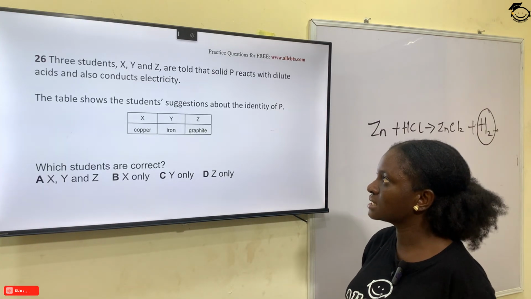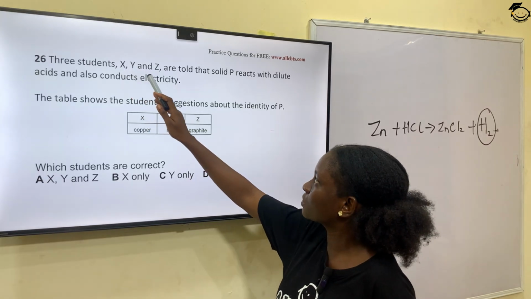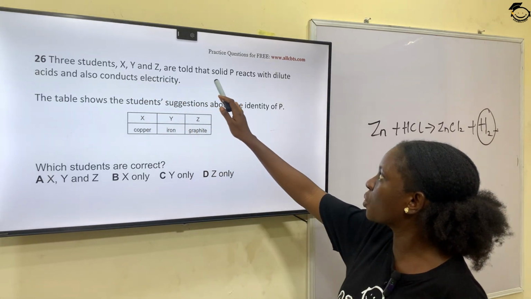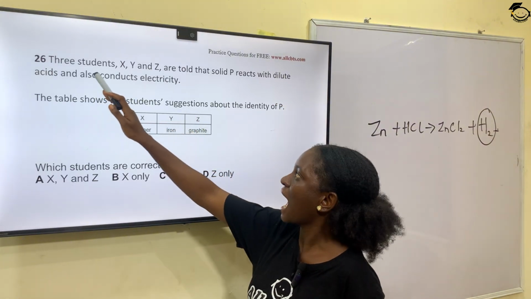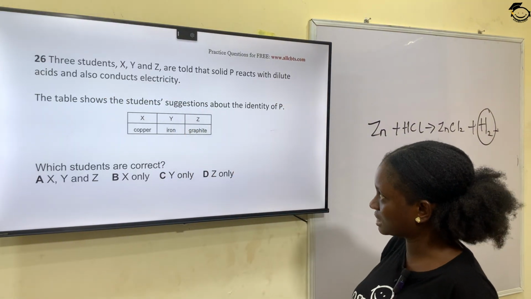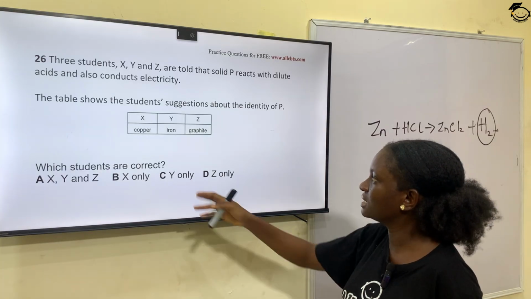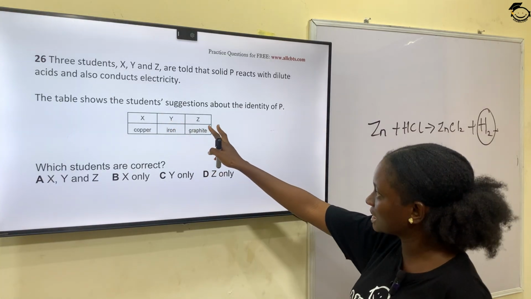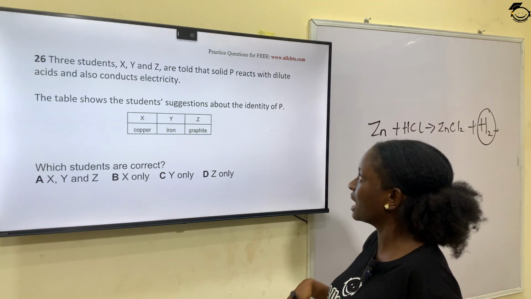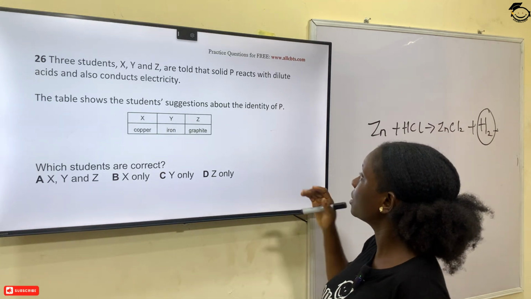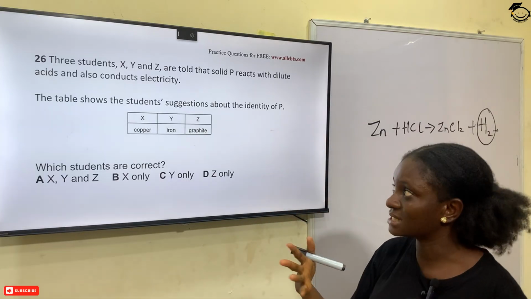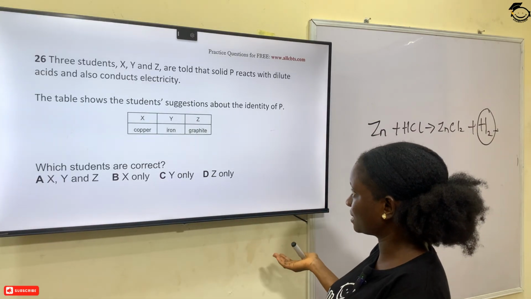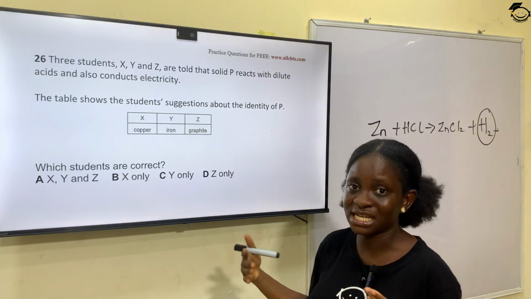Question 26. 3 students X, Y, and Z are told that solid P reacts with dilute acid and also conducts electricity. So these X, Y, and Z represent 3 students, and they were told that there's a solid that reacts with dilute acid and also conducts electricity. So the 3 students made their suggestion.